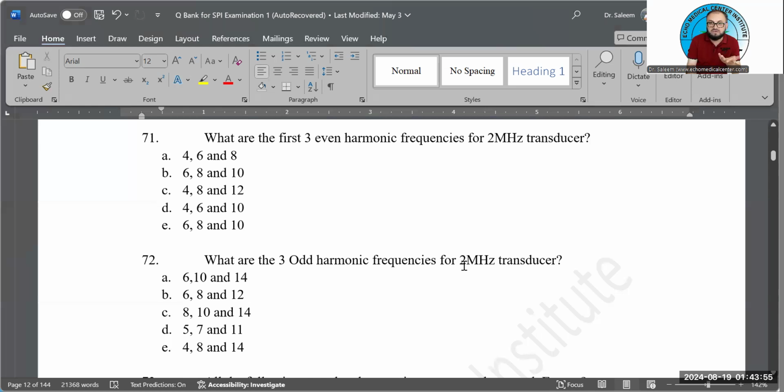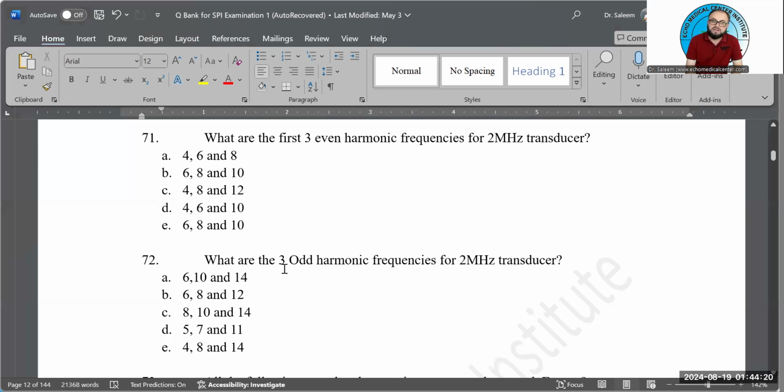That's the operating frequency. It's not harmonics anymore, right? Just as we said in the definition, it has to be double the operating frequency. So for harmonics, the odd numbers start from 3, 5, 7, 9, 11, 13, and keep going.